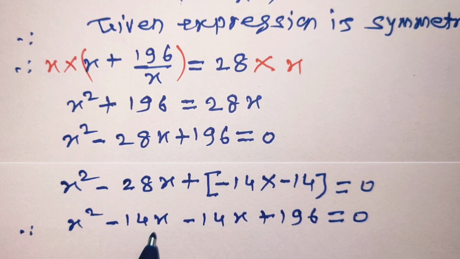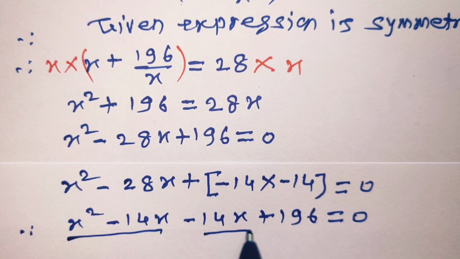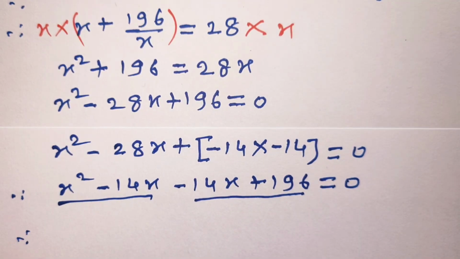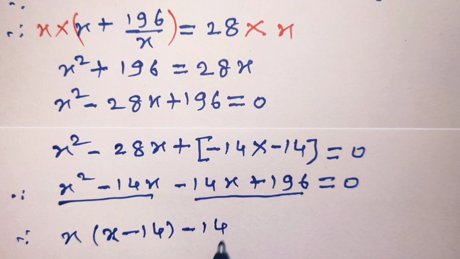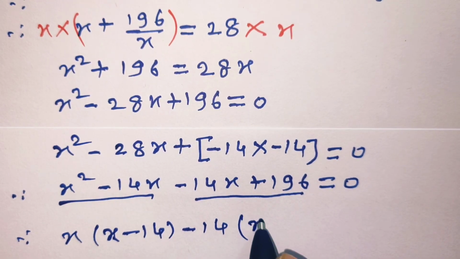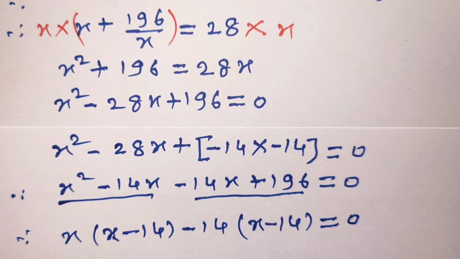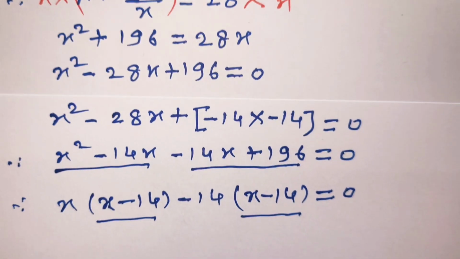Taking x common from these two terms and minus 14 common from these two terms, hence x into bracket remains x minus 14, minus 14 is taken common, into bracket remains x minus 14. This is equal to 0. Now take this bracket common from these two terms on left hand side.